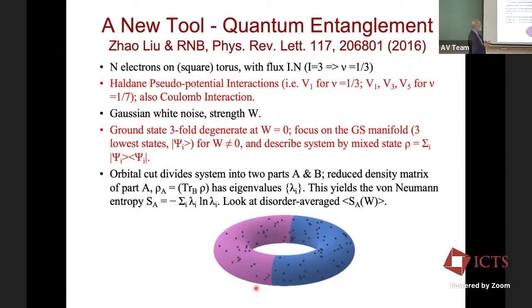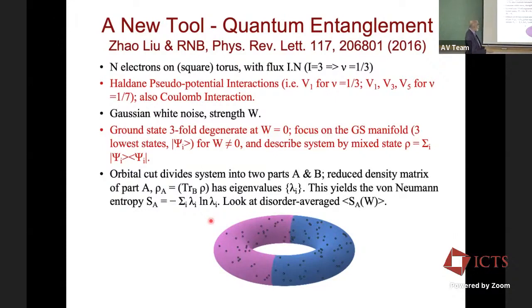So the crucial part again here, which we got from the Chern numbers, is that we have to look at the 3-fold degenerate manifold, or pseudo-degenerate manifold, let's put it that way. When we are calculating the reduced density matrix by tracing over one part of the system, if this part is A and the other part is B, we trace over one of them and get a density matrix.